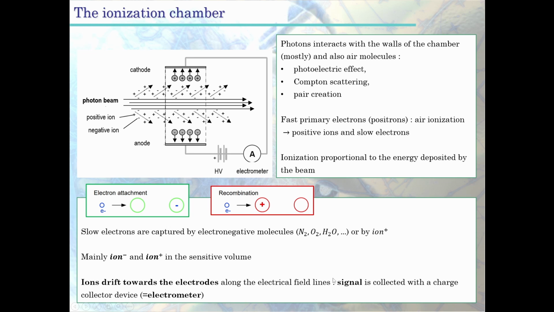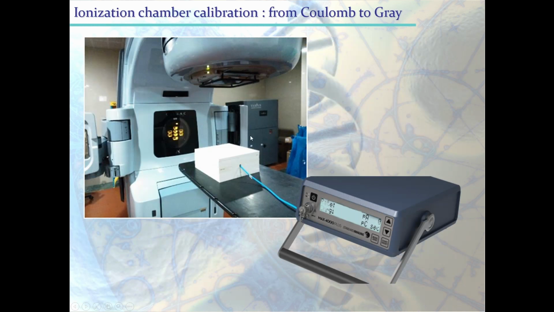And those drifting particles will induce current in the external circuit, and those charges will be collected by an electrometer. And so there you see we've got the ionization chamber, cable, and electrometer on the other side.